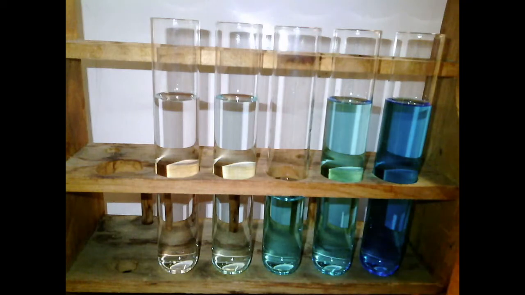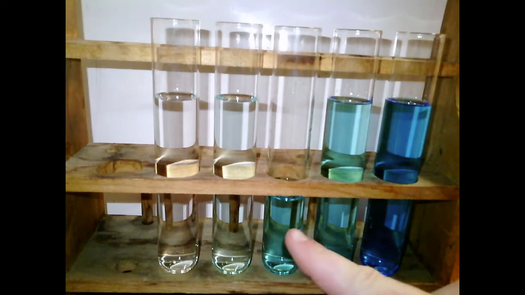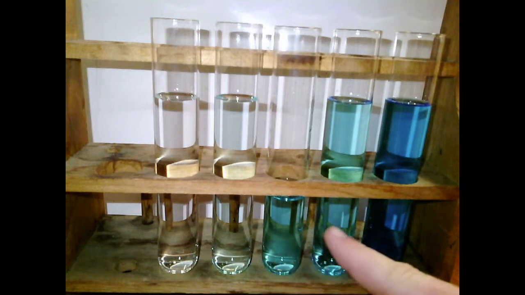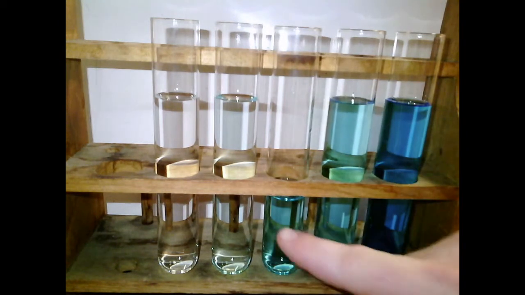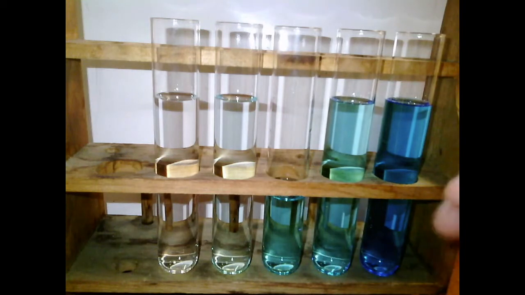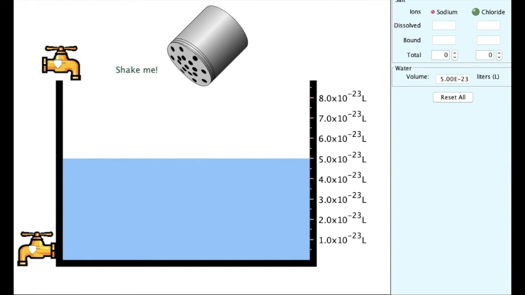So what that means is that there's actually the same ratio of solute to solvent. However, it has both less solute and less solvent in it. It's the same ratio though. Basically, I have the exact same concentration in both of these, but I didn't use as much of either solute or solvent.